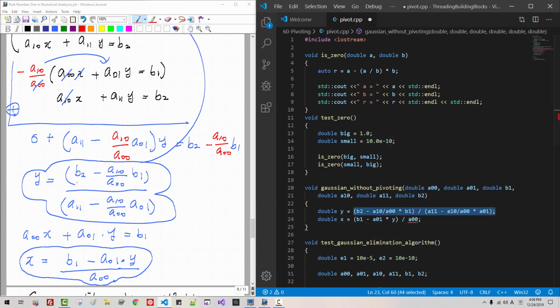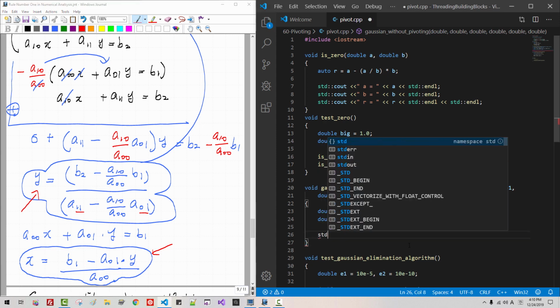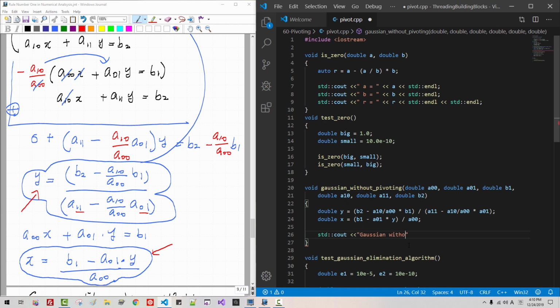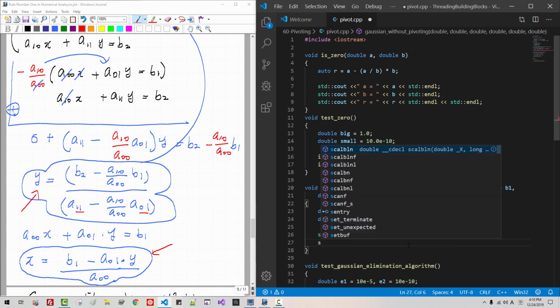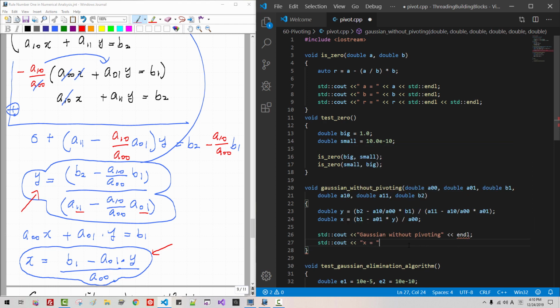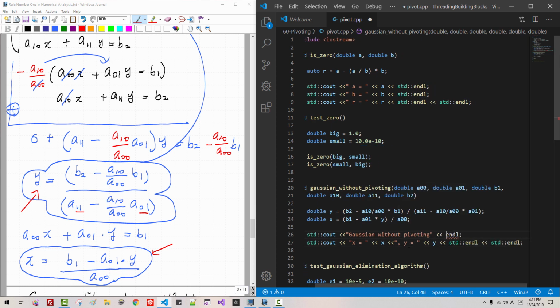This line applies the y equation, and this line applies the x equation. Then std::cout Gaussian without pivoting, x equals x, y equals y.